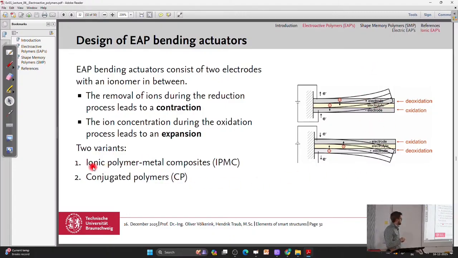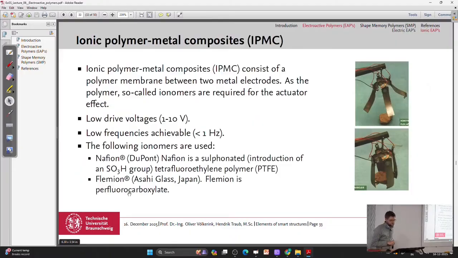And we have two variants, one ionic polymer metal composites, IPMC. This is the one we had in the Viper example in the beginning. And an alternative are these conjugated polymers.